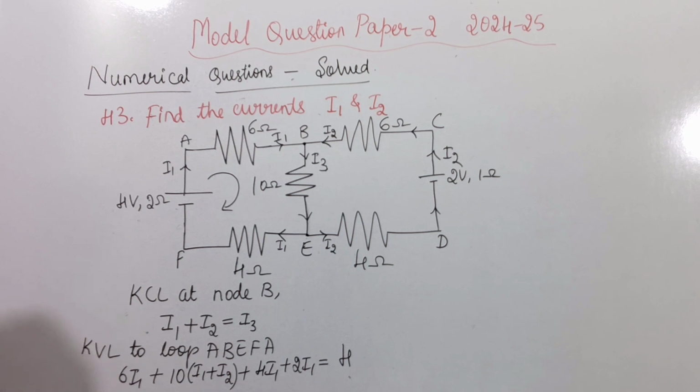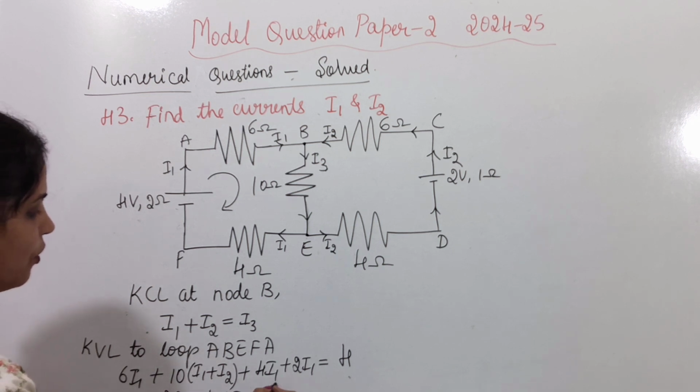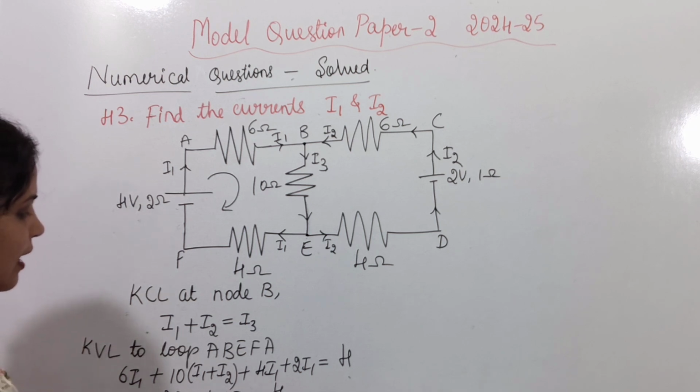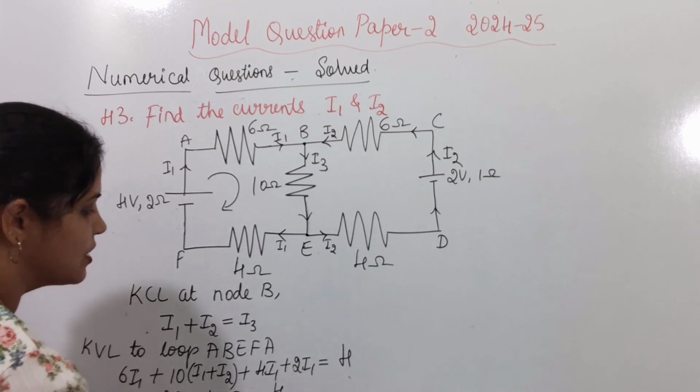Now let us simplify it further. 10 I1 plus 6 I1 is 16, plus 4 I1 is 20, plus 2 I1 is 22 I1. So it is 22 I1 plus 10 I2 is equal to 4. You can divide throughout by 2, then it is 11 I1 plus 5 I2 is equal to 2. Call it equation 1.